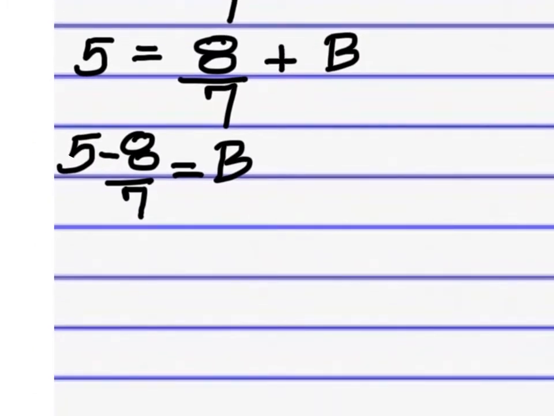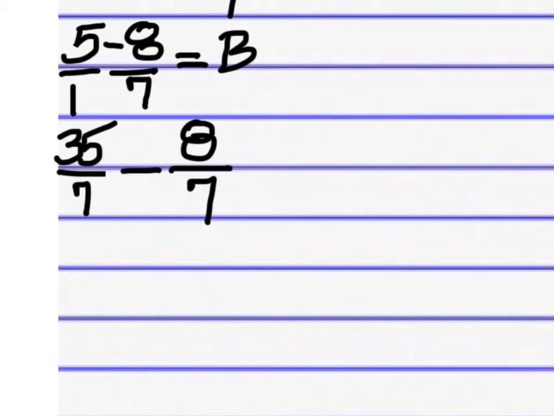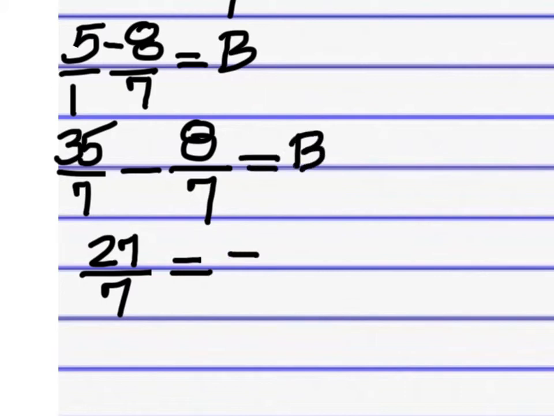A common denominator between 7 and 1 is 7. And if I had to multiply this 1 by 7 to get this, I multiply 5 by 7 to get 35. And then I will subtract. 35 minus 8 is 27. 27 over 7 is b.